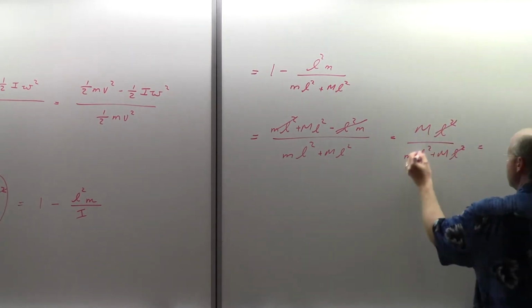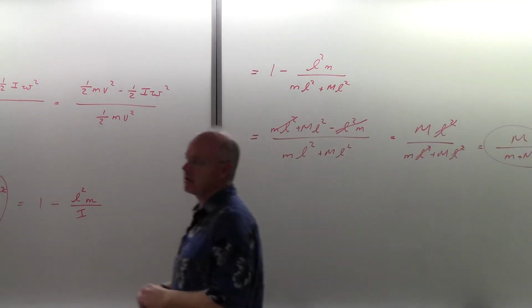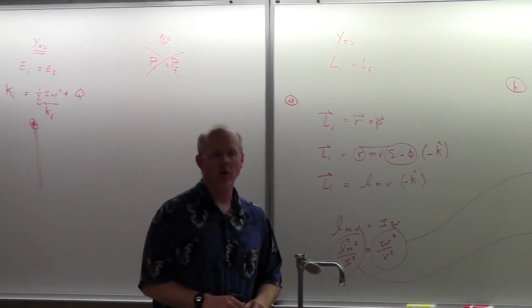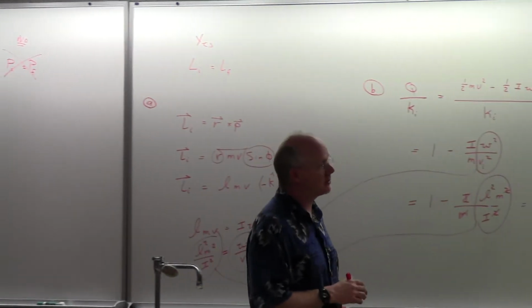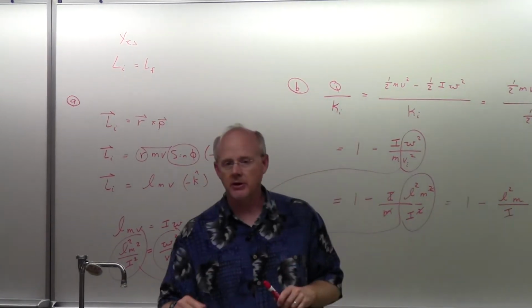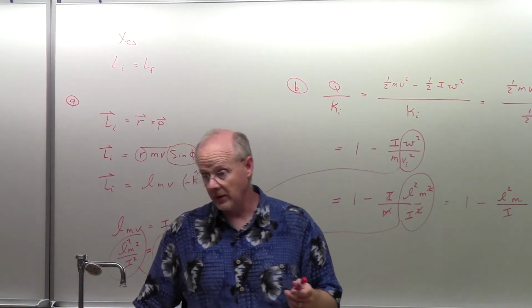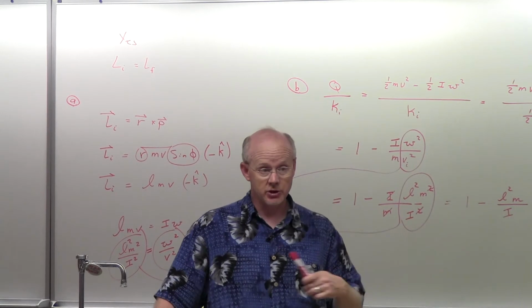Looks like there's an L squared in each term, and I get capital M, little m over big M. Yay, there it is. And so it took me a little while to get there, but amazingly simplified to something quite small. So total mass of the block divided by the total mass is the ratio that's converted into heat. And it's really the same number you saw when you did the momentum lab, not this week, but the week before when you shot that little cannonball.